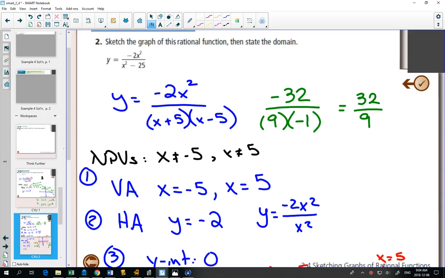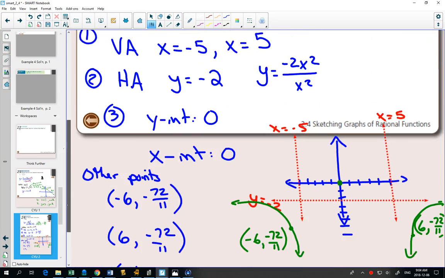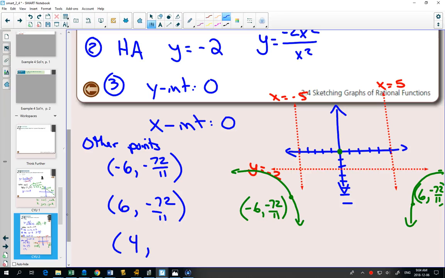That will be 3 point something. 27 over 9 is 3, so it's going to be at 3 point something. 1, 2, 3, 4. I have the point 4, 32 over 9. And that's enough information that tells me it has to be going up towards that asymptote.